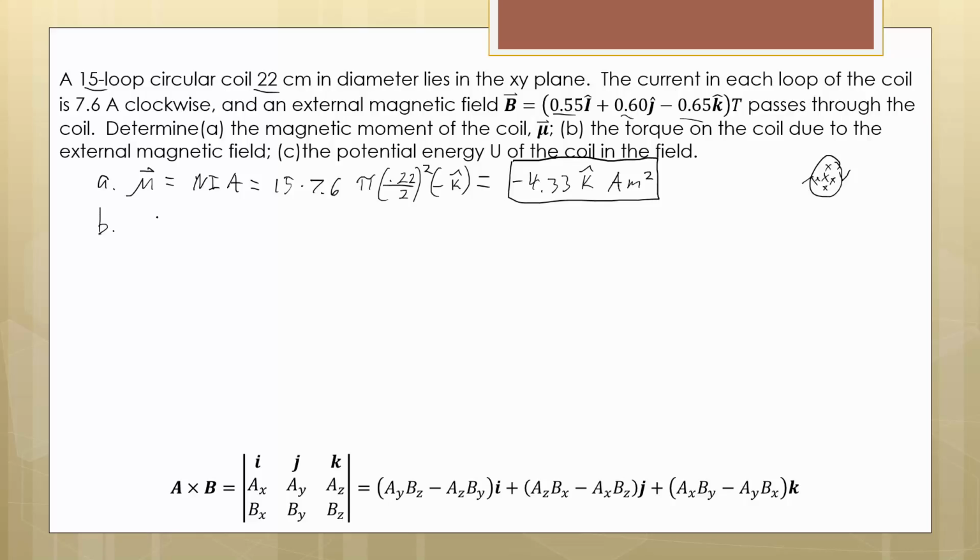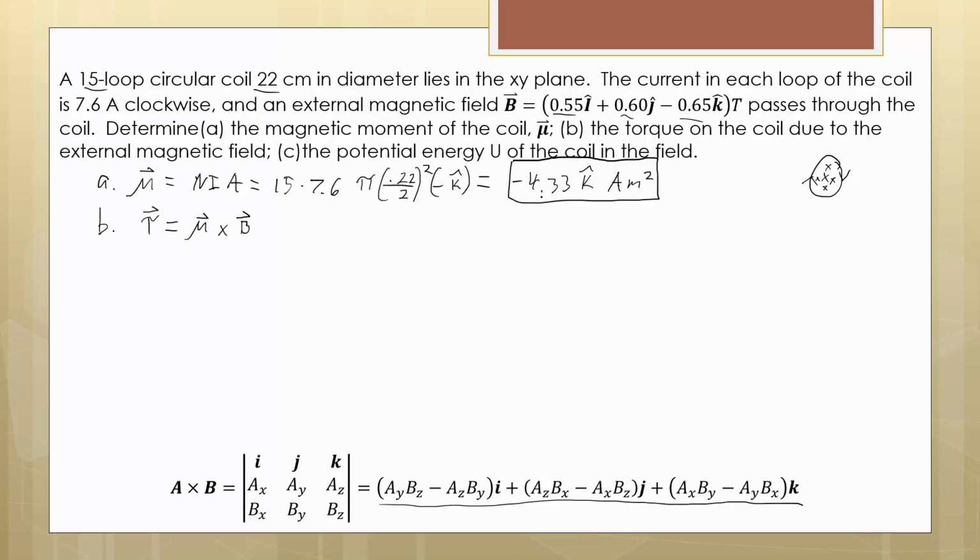Part B, we need to find the torque, and we're actually going to use the full nasty cross product because we have everything defined component-wise. And if you don't remember, the cross product is the determinant of this matrix, which works out to be this big nice thing here.